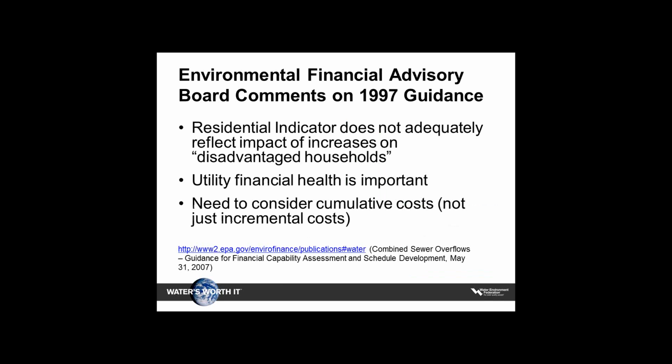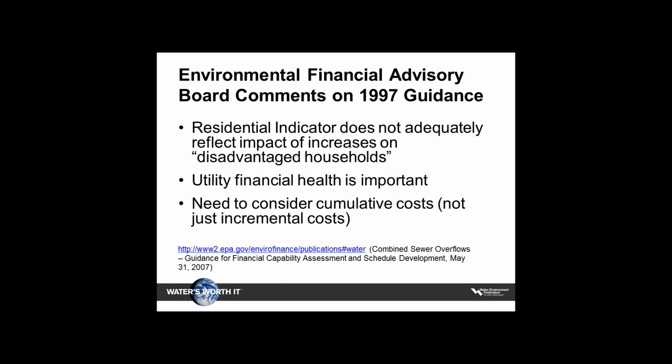Ten years after EPA came out with this guidance, their Environmental Financial Advisory Board came out with a report that basically articulated many of the concerns that the mayors articulated, which is this residential indicator really doesn't adequately reflect the impact of these rate increases to fund these big programs on disadvantaged households.